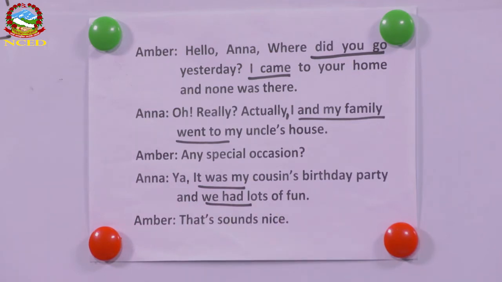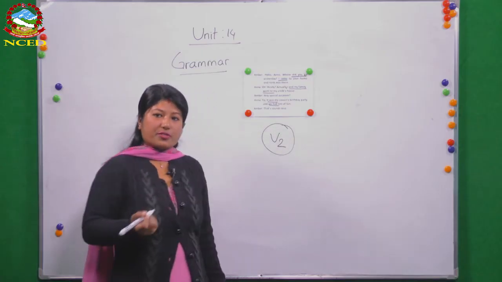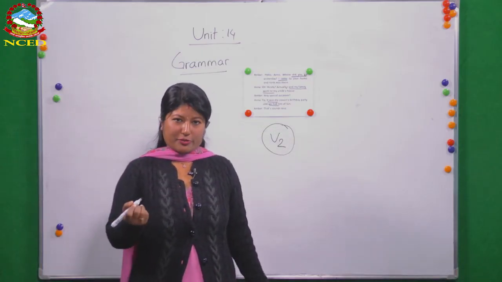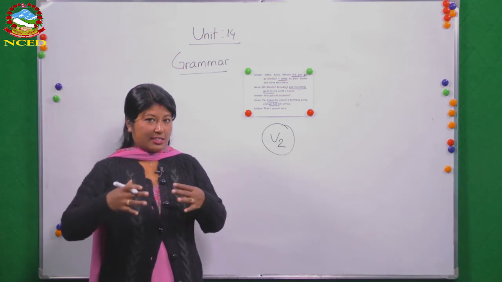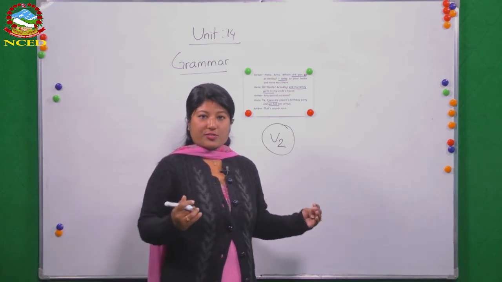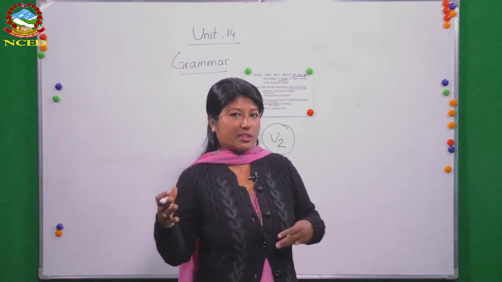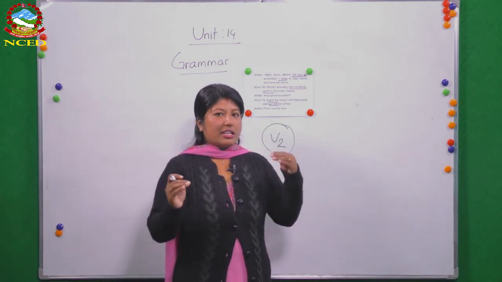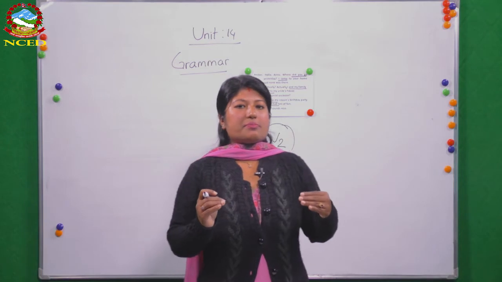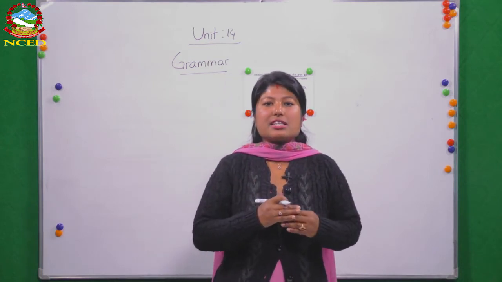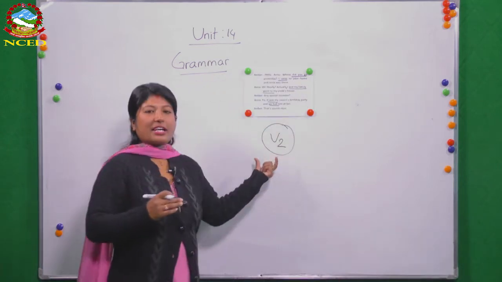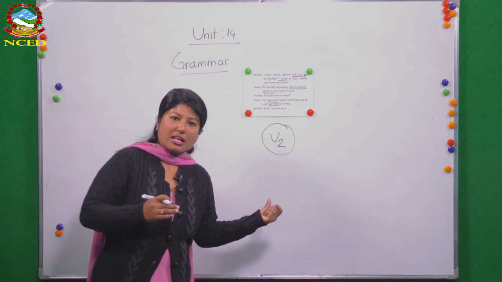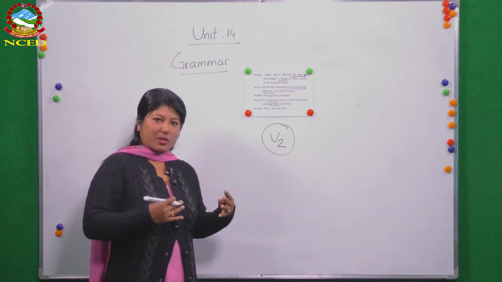Verbs have forms: first form, second form, third form. And here in past simple tense, we use the second form of the verb, that is verb two. Do you remember the rules to make verb two?